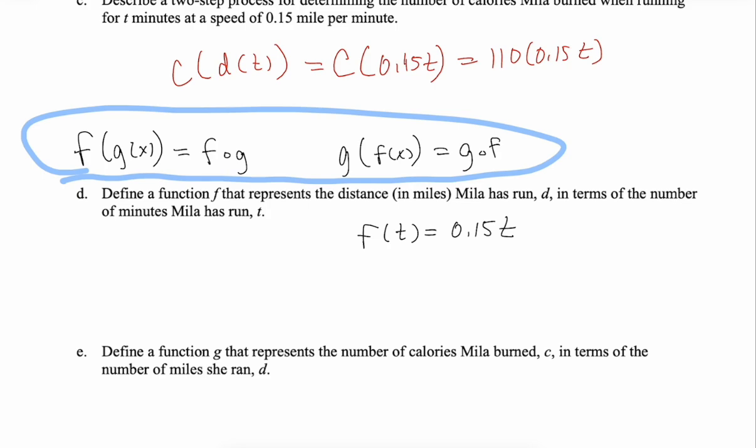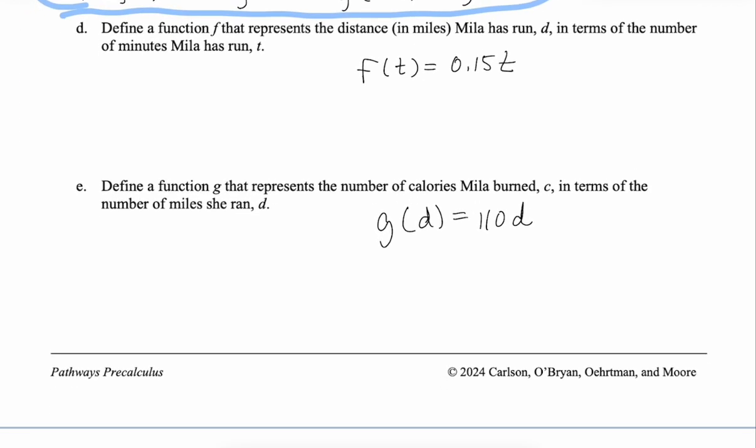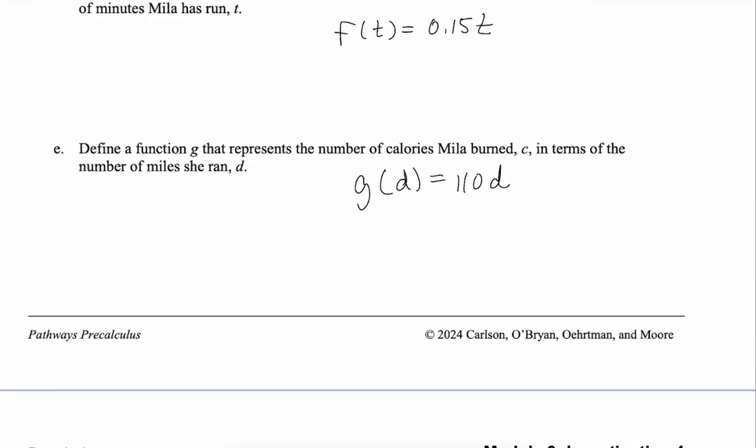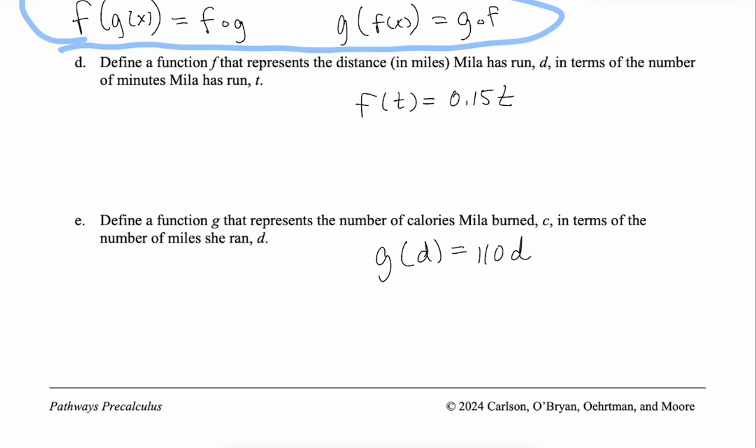So I already did that too. I called them C and D. They're calling them f and g. So they just wrote it with f and g instead of C and D.